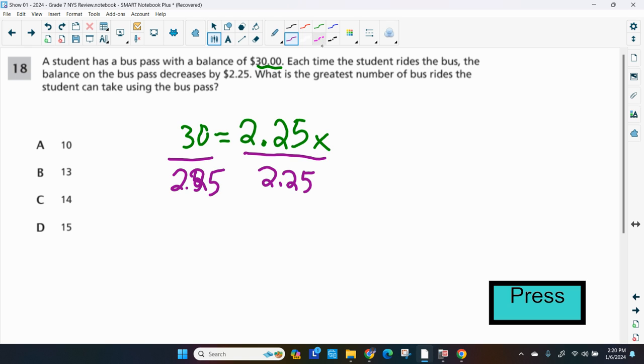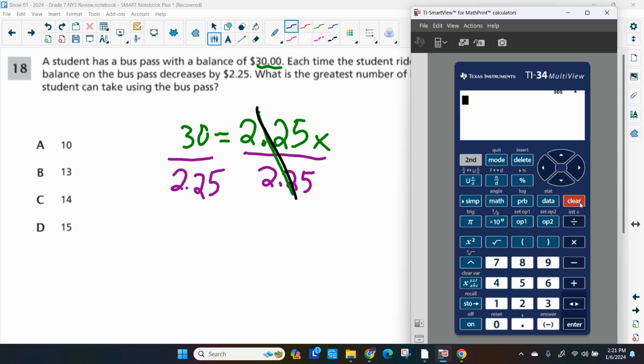Let me erase that because I don't like that. Messy. Never be messy with your math. That's much better. So I'm going to divide, get my calculator again, $30 by $2.25.